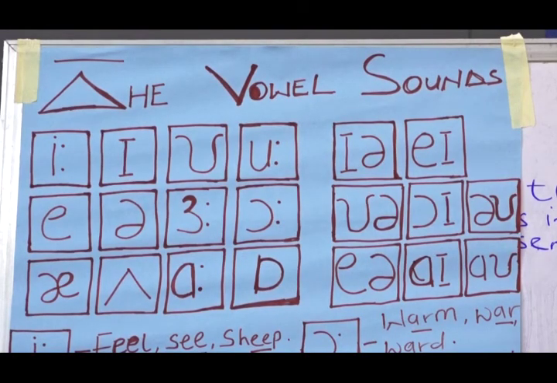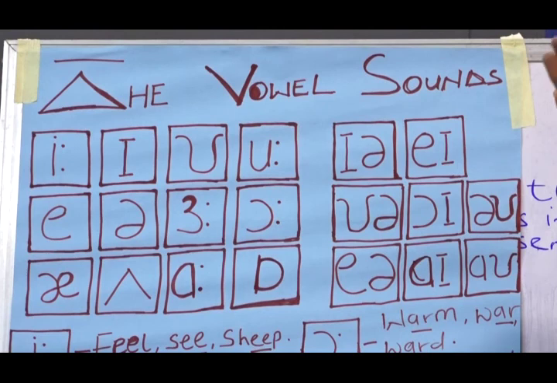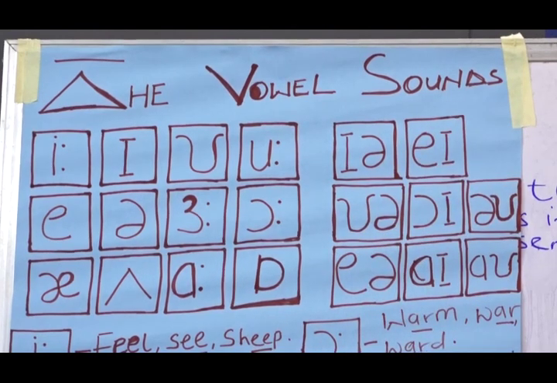Now, there are 2 types of vowel sounds. There are the single vowels, also known as the monophthongs, or the pure vowels, and the diphthongs, or the impure vowels.